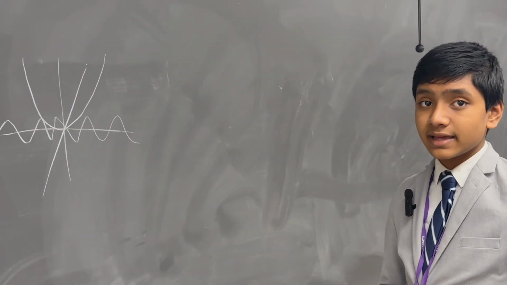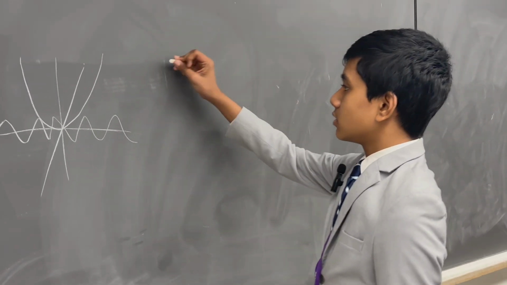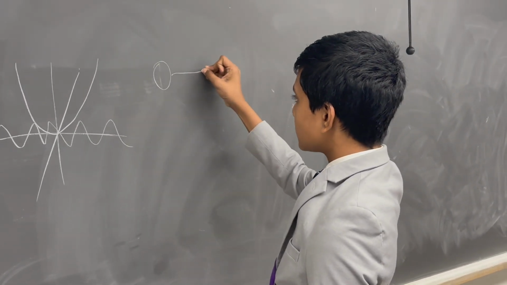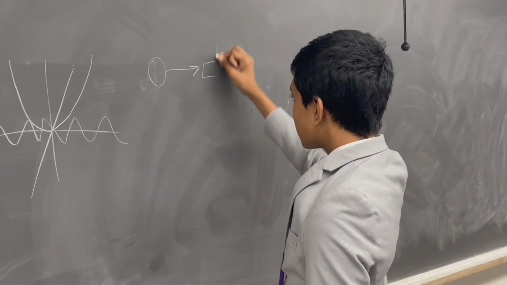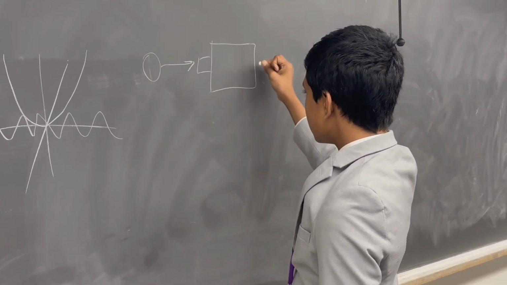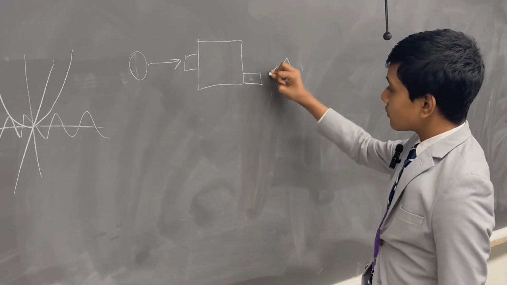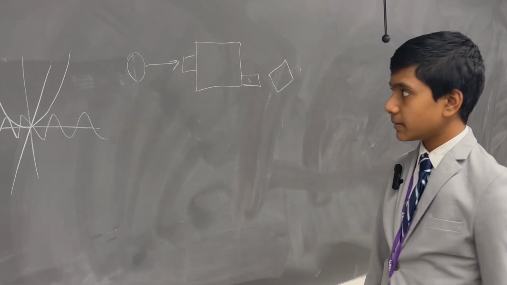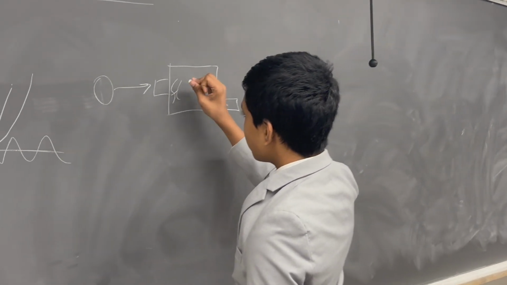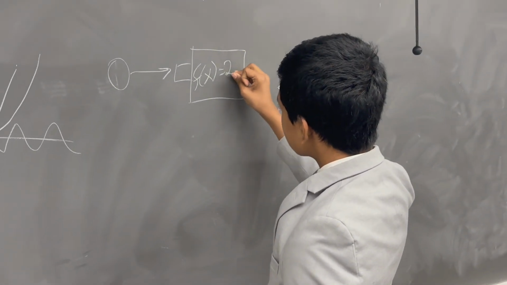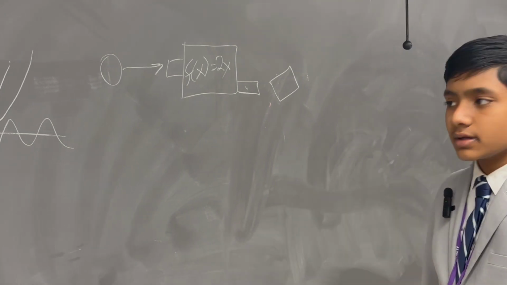A function is like a computer program. It takes something in, it does something to it, and it spits that thing out in a different form. So, for example, take f of x equals 2x. What does this do?